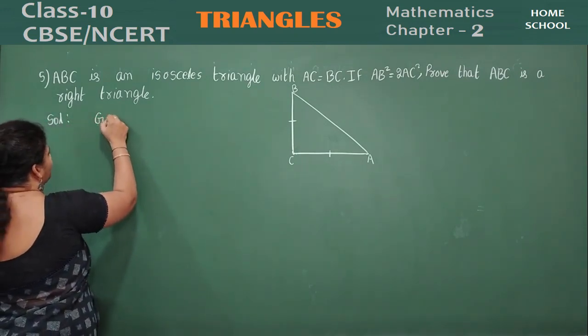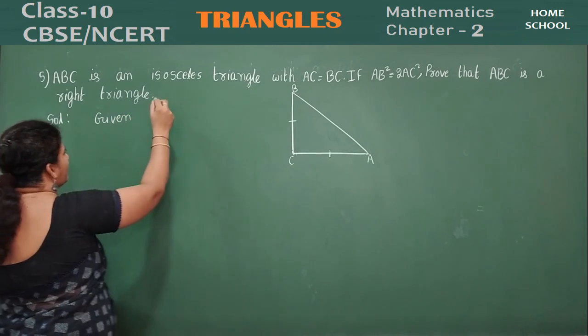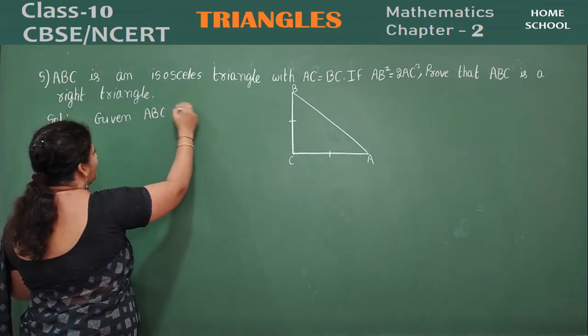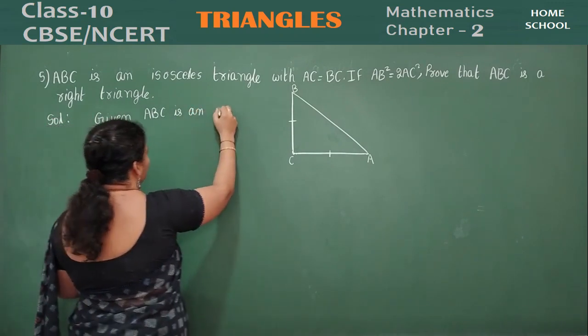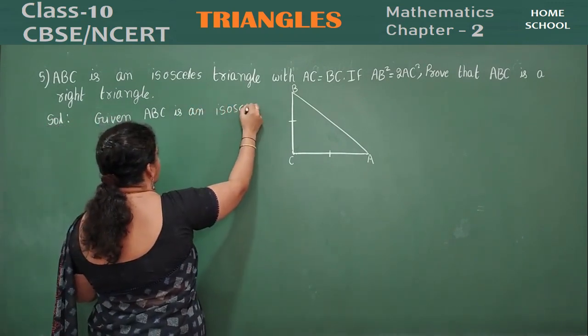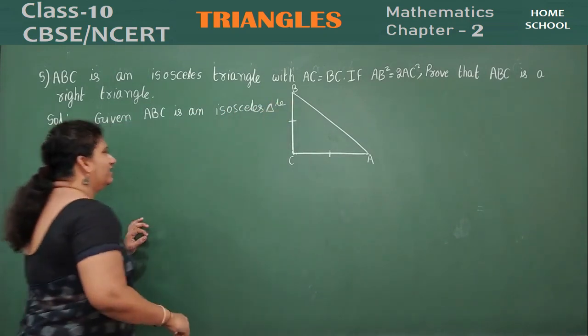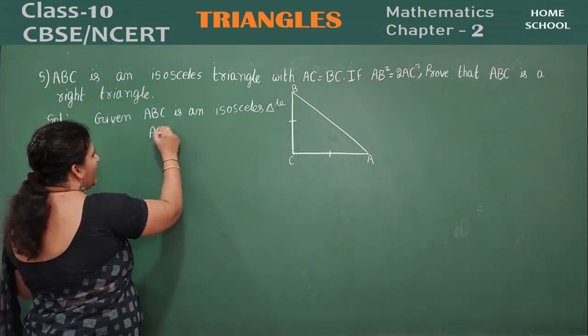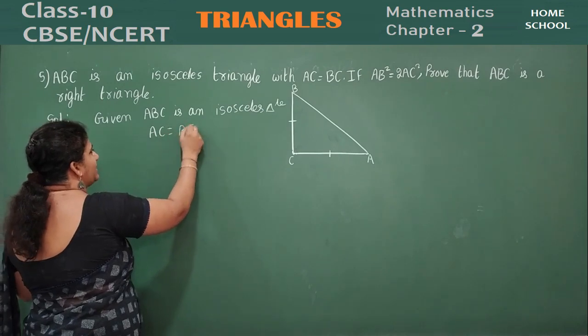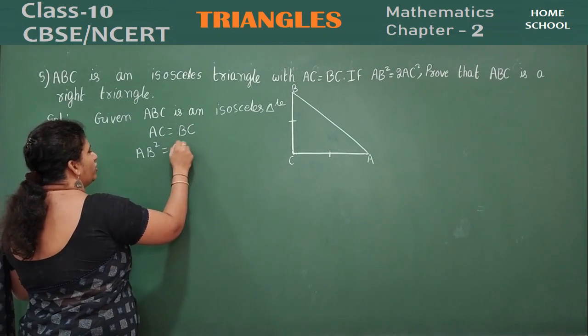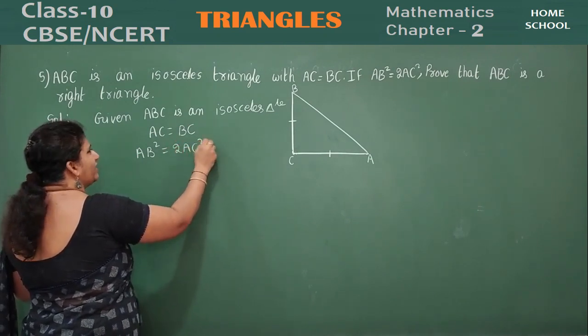So it's very easy. Let's start here. Solution: given. What is given? Given ABC is an isosceles triangle where AC is equal to BC and AB square is equal to 2AC square, given.